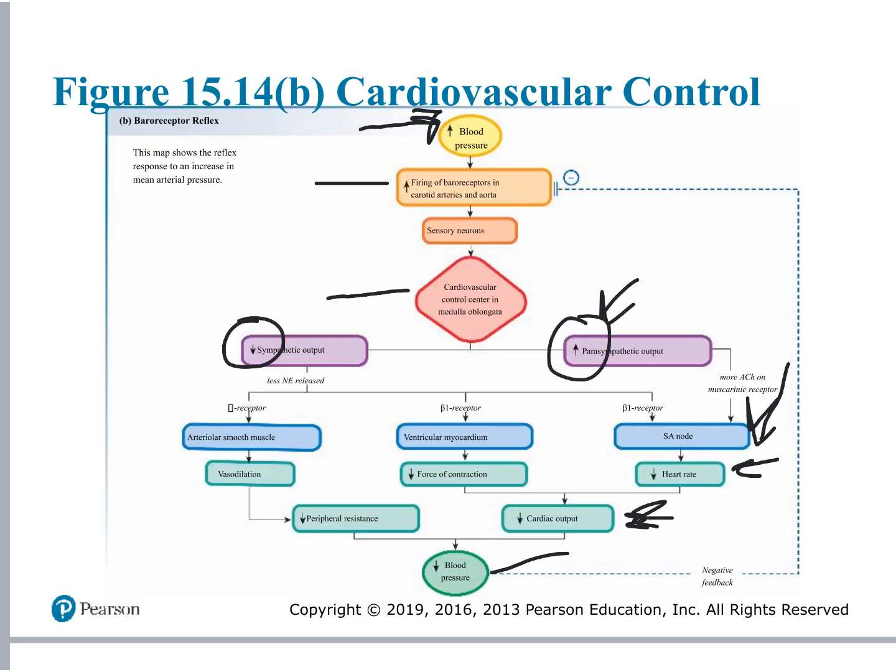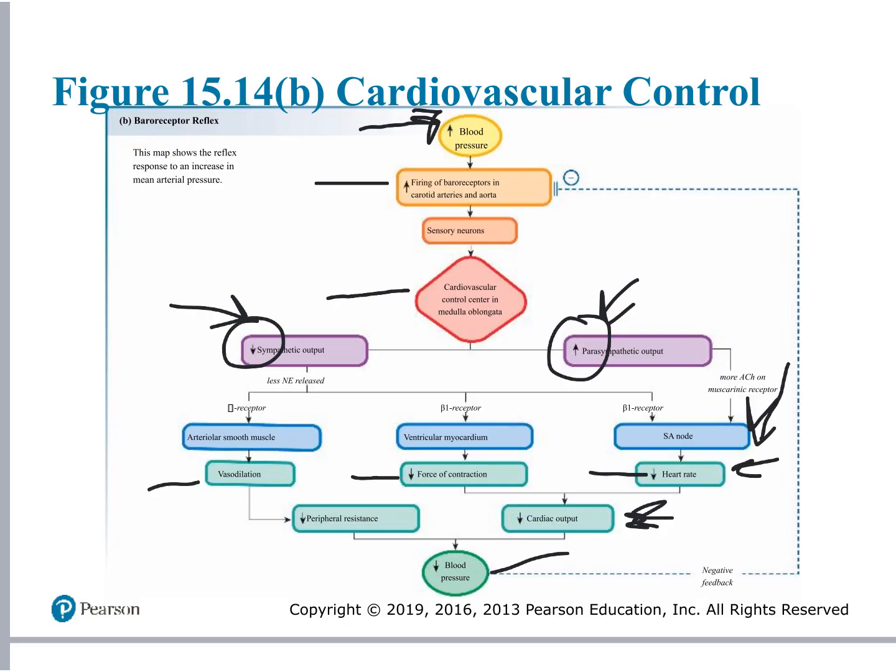Now let's look at the left side of this chart. How do we decrease your blood pressure? By decreasing the sympathetic nervous system. Well, if we decrease the effect of the sympathetic nervous system, it causes vasodilation of your blood vessels. It causes a decrease in the contraction of the ventricle, and it also decreases your heart rate.